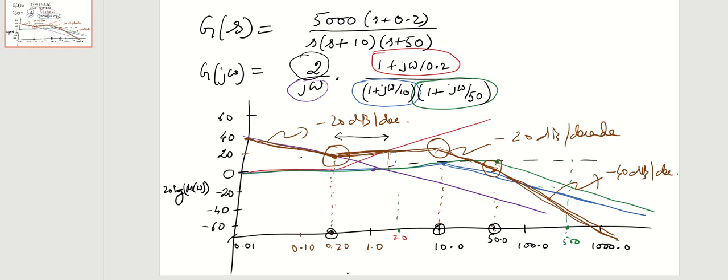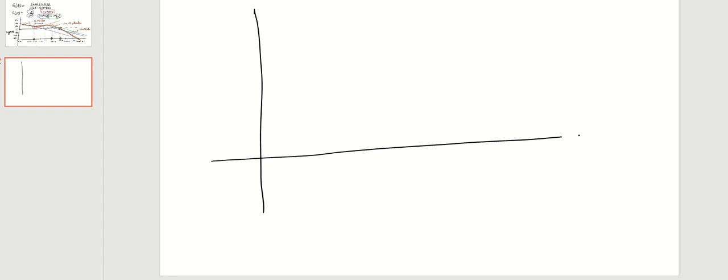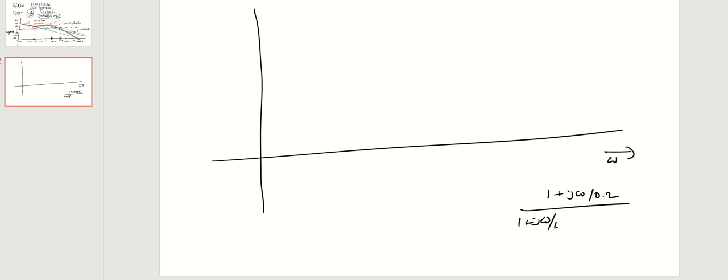So if I am to now draw it afresh, this is the way I would do it without even thinking. So I know that there is a 0 at 1 plus j omega by 0.2 upon 1 plus j omega by 10 into 1 plus j omega by 50 by j omega.